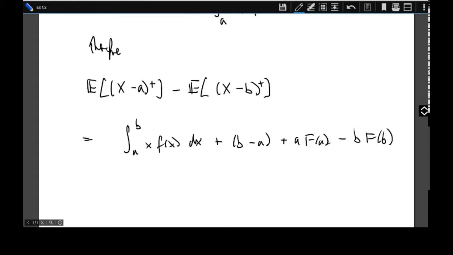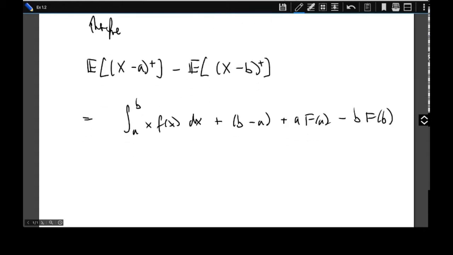Now we can integrate the left-hand side by parts. Since capital F is the antiderivative of little f, integration by parts allows us to get b F(b) minus a F(a), which will of course cancel with this part, and an integral from a to b, differentiating x, taking the antiderivative of little f.